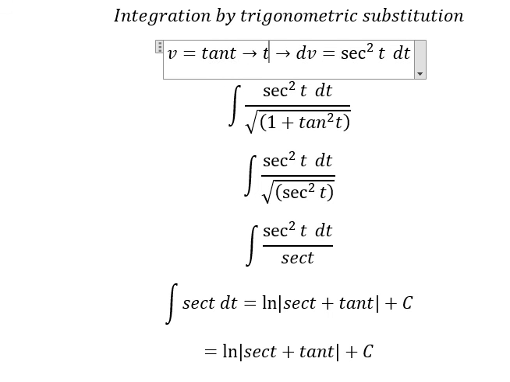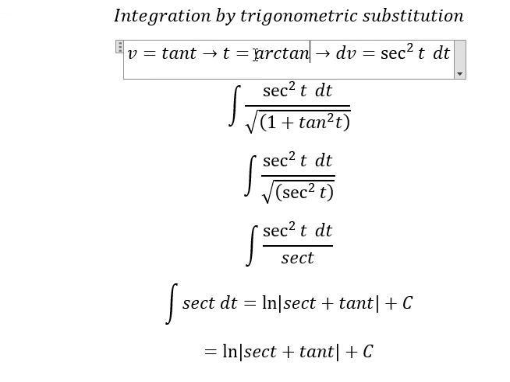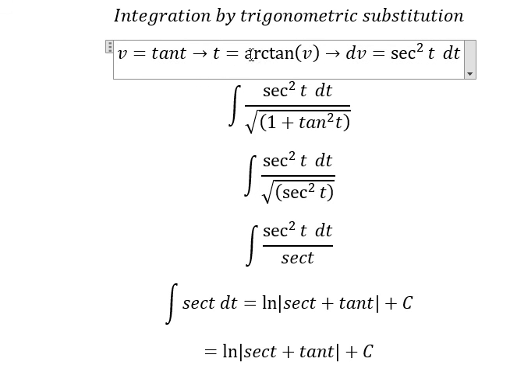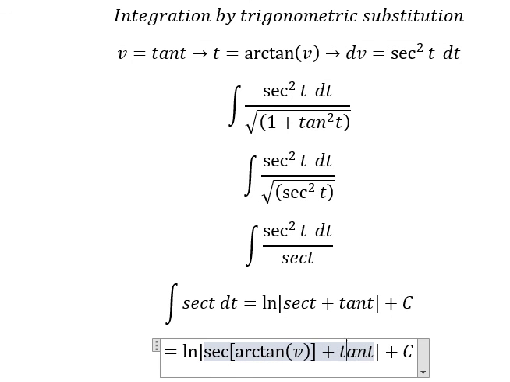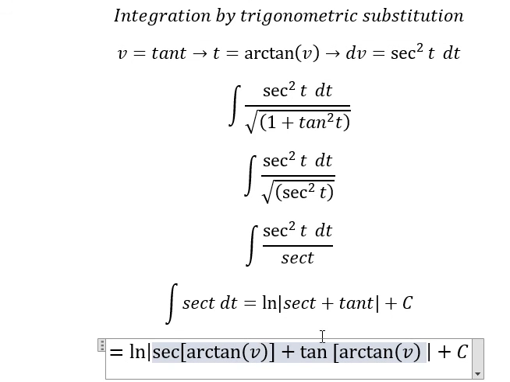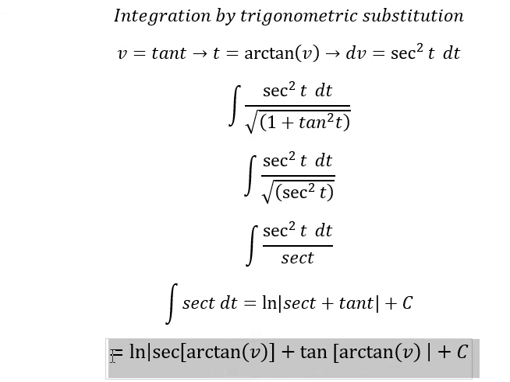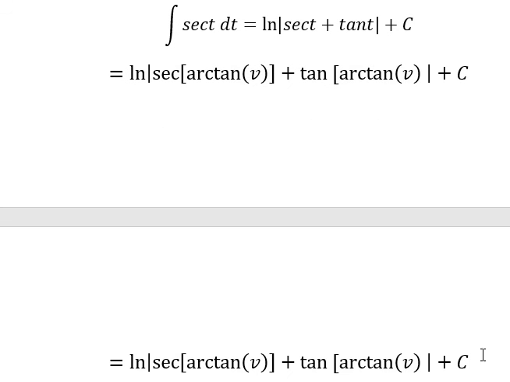So we have t equal to arctan of v. So I will put this one to change for t. So tan with arctan, we have v.